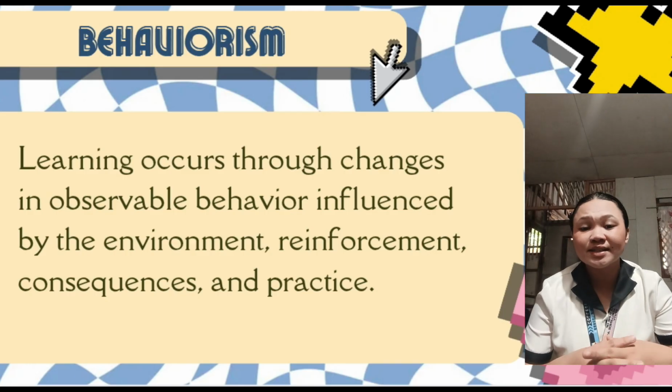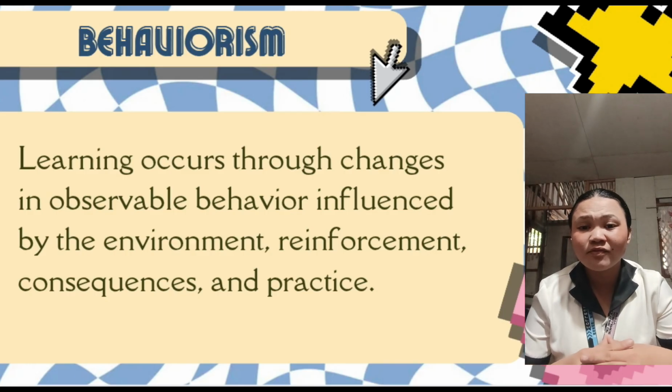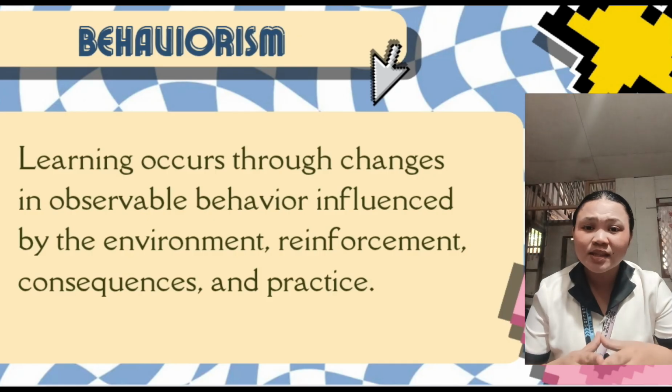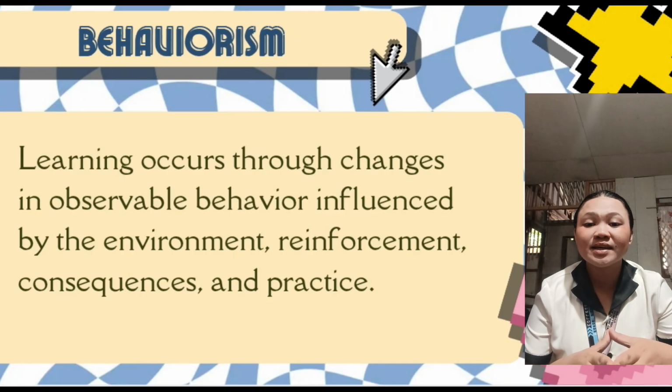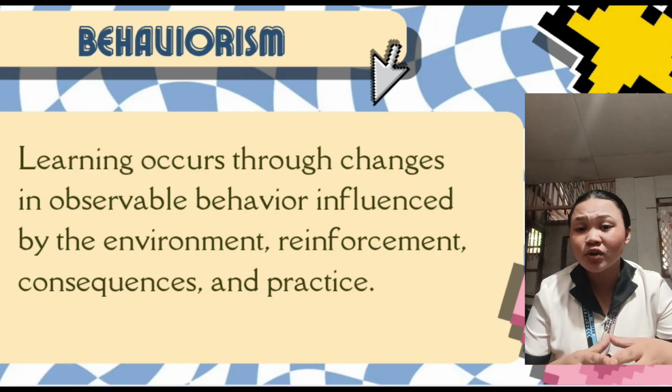This emphasizes stimulus and response, reinforcement and consequences, and repeated practice. When a behavior is reinforced, the learner is more likely to repeat it. In education, this theory highlights the importance of practice, feedback, reinforcement, and clear learning outcomes.